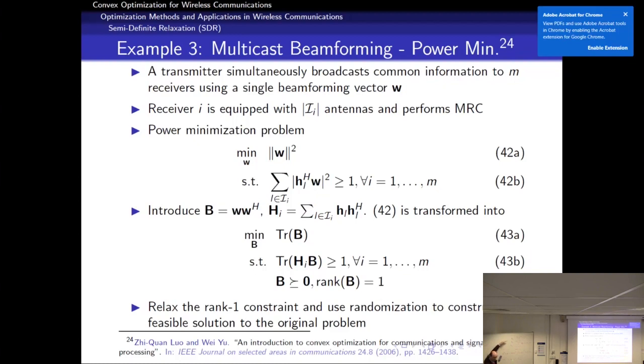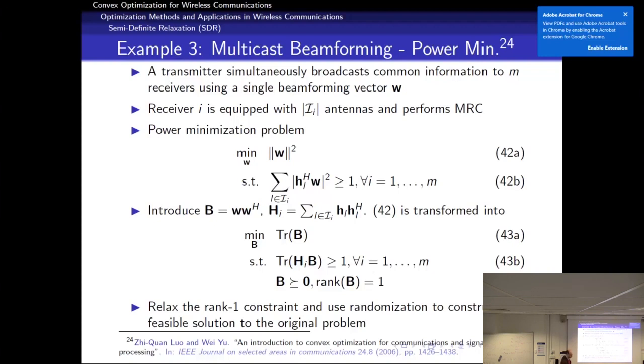In the unicast, you had one beamformer per message, and each user was intended to decode its own message. Here you have one beamformer, but all the users want to decode that stream. Okay, so this is the way it works. I want to minimize the power used at the transmitter. So I minimize the norm squared of that precoder, which is the power at the transmitter, subject to a constraint.